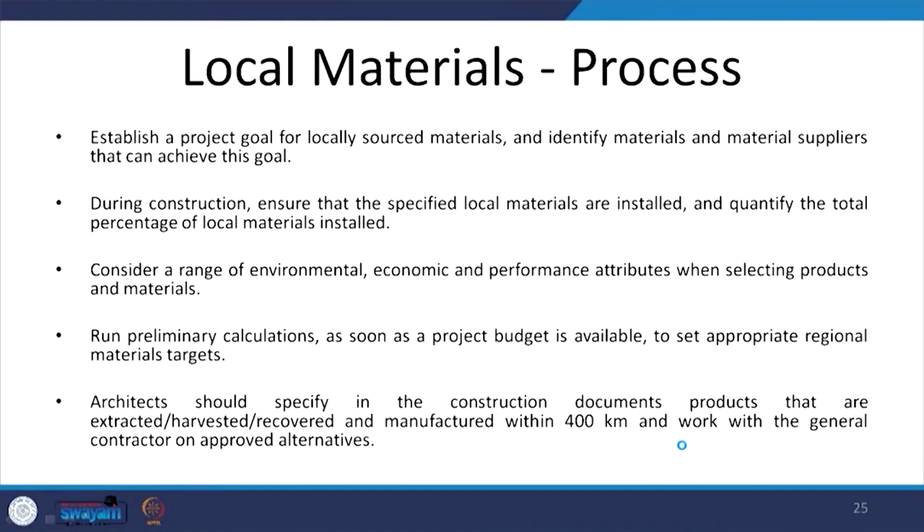So, when we start to select the local materials, we have to first identify the materials which are available in the vicinity, and we also identify the uses for these materials. So, all materials cannot be used for all the purposes. Some materials can be used for structural purposes, some for cladding purposes, some for finishing purposes, and so on.